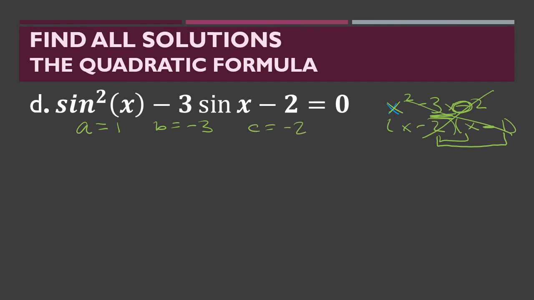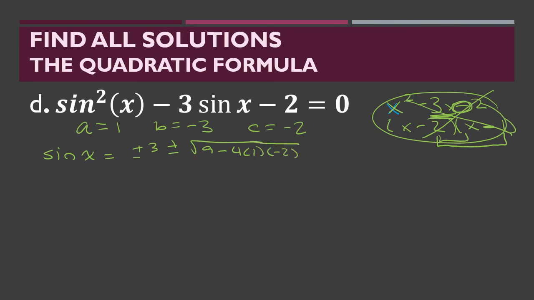Normally when we sing our quadratic formula song, x equals negative b, it's not going to be just x, because like this example over here, I don't have just x, I actually have the sine of x. So you're going to have the sine of x. So sine of x equals negative b plus or minus the square root of b squared minus 4ac all over 2a.